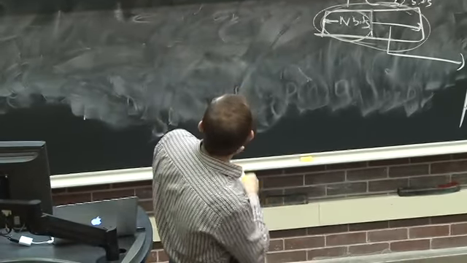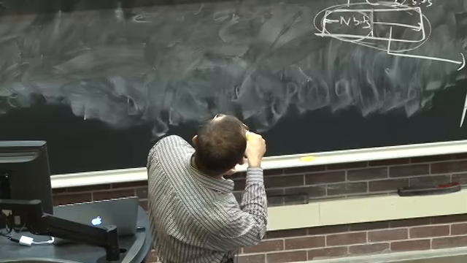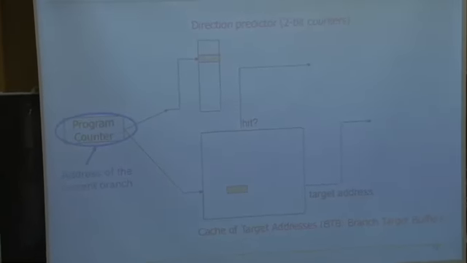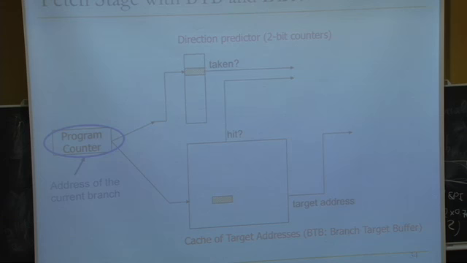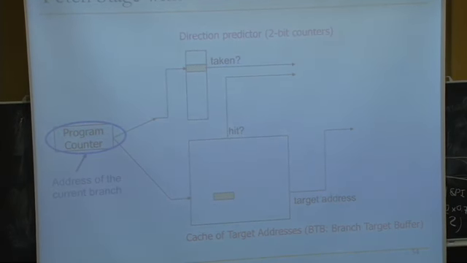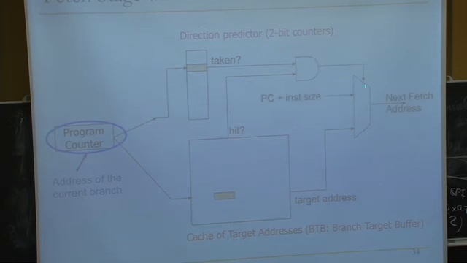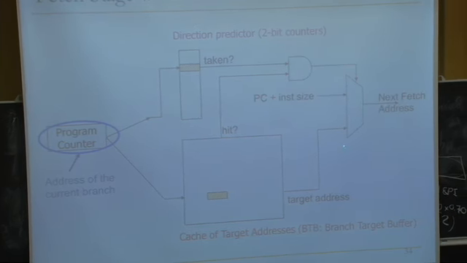Okay. Concurrently with the program counter, you access a prediction mechanism, a direction predictor, that tells you whether the branch should be taken or not taken. So you're predicting the target address, and you're also predicting the direction. Now if the branch is taken and the BTB gave you a target address, then the next fetch address should be the target address.